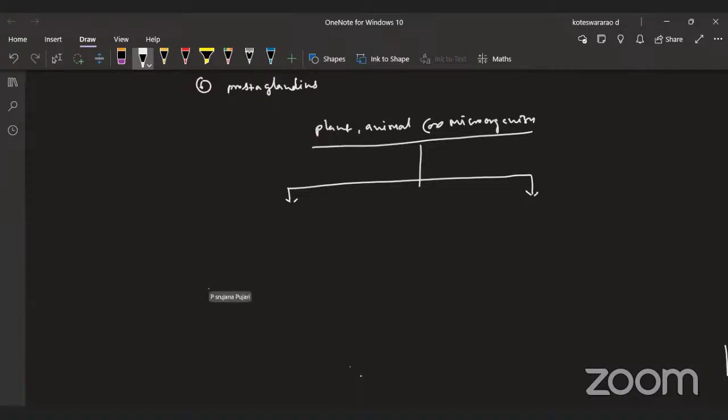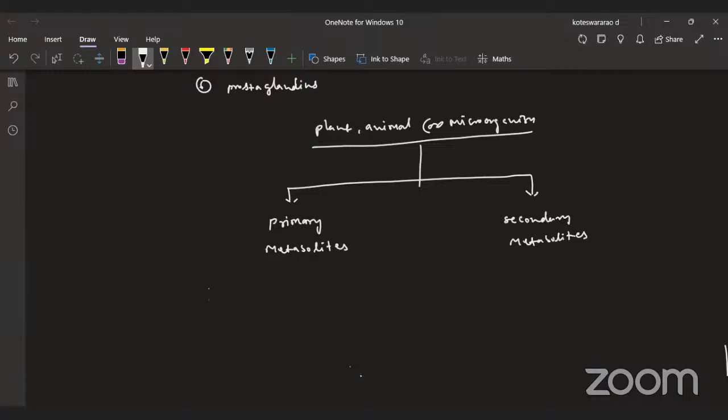Based on that, natural products are of two types: primary metabolites and secondary metabolites.